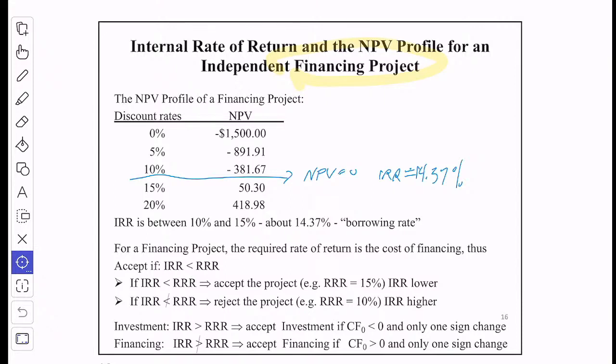It's the rate that we use for our projects, that we want our projects to meet a certain criteria. If we're not so sure about the rate of return that we want or require, we use IRR to get an idea of a range of rates that are acceptable. So as long as here your required rate is higher than 14 in this finance project, you should accept it.